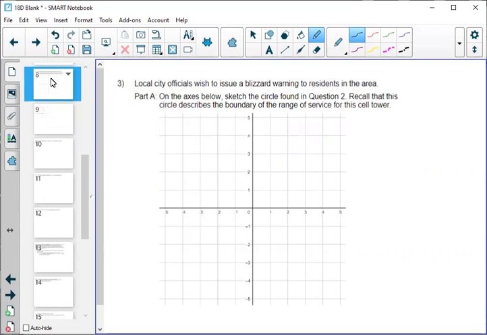Recall that this circle describes the boundary of the range of the service for this cell tower. Well, the center is going to be at (-1, 2), right here, there's the center, and the radius is square root 5.